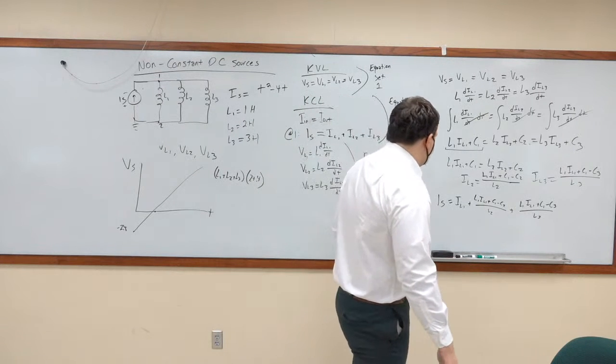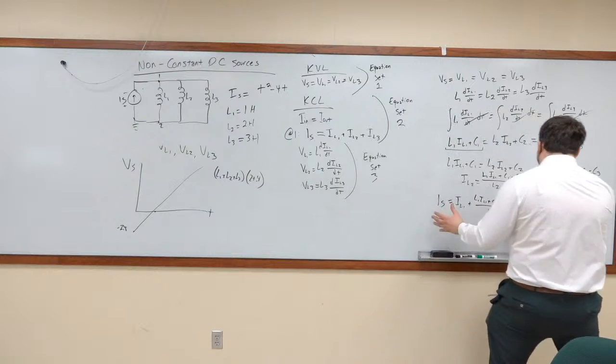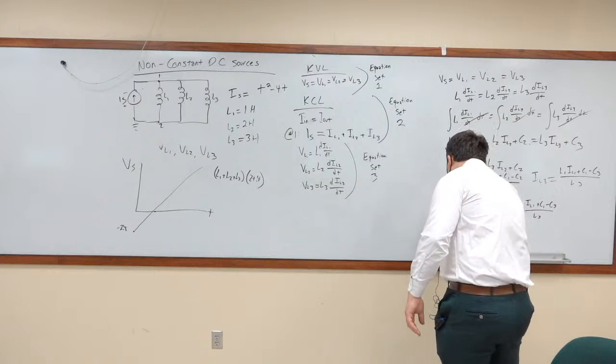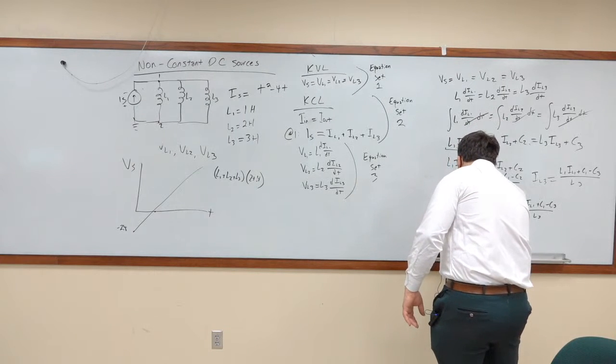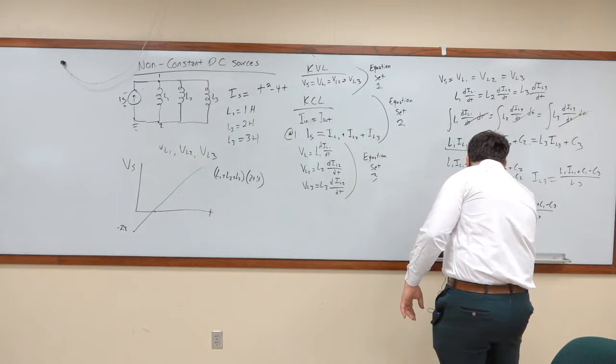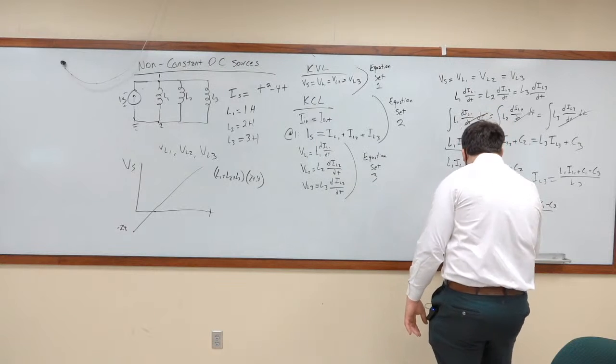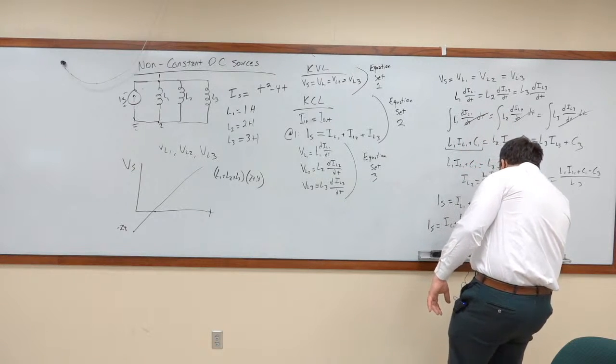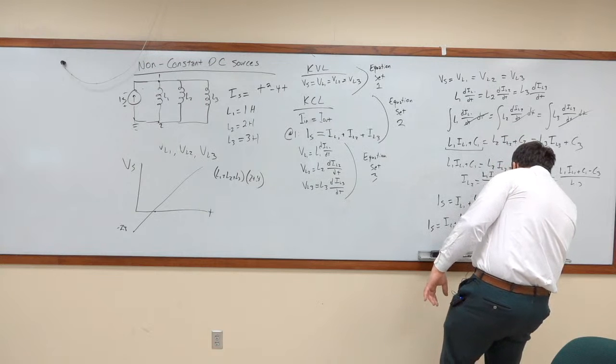Okay. I'm going to go ahead and pull all of our constants out to the right side and keep all my IL1s over here. Just rearrange this equation. So I got IL1 plus L1 over L2 IL1 plus L1 over L3 IL1.